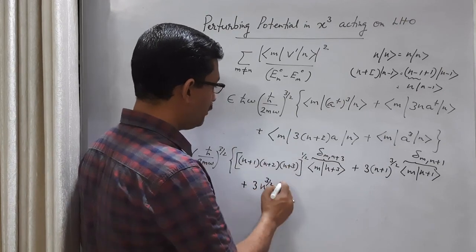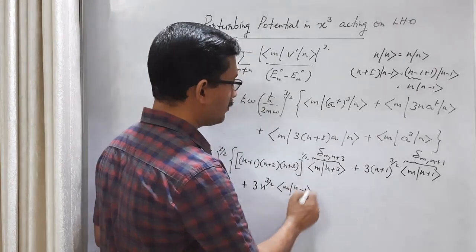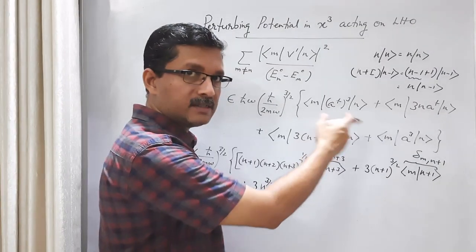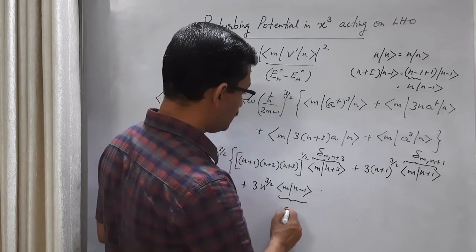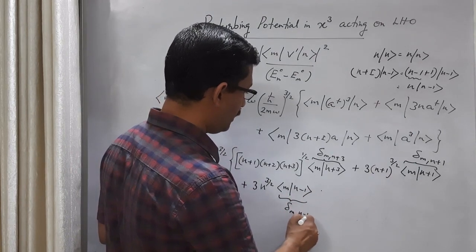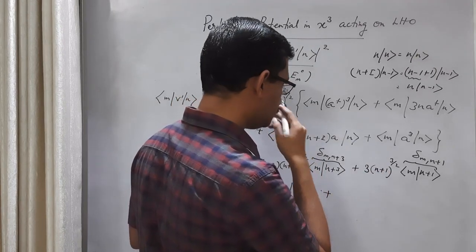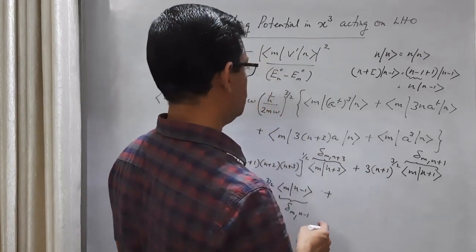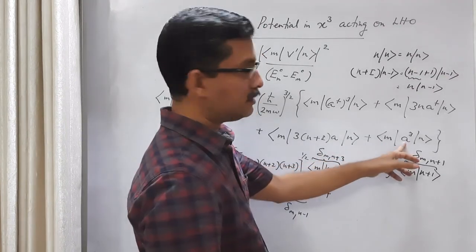What is remaining? Bra vector m, ket vector n minus 1. Action of a makes ket n to ket n minus 1. And what is this? It is delta m comma n minus 1 plus, there is one more term here. This is straightforward.